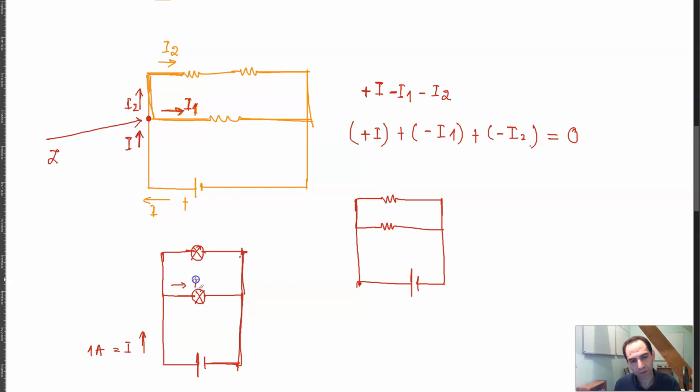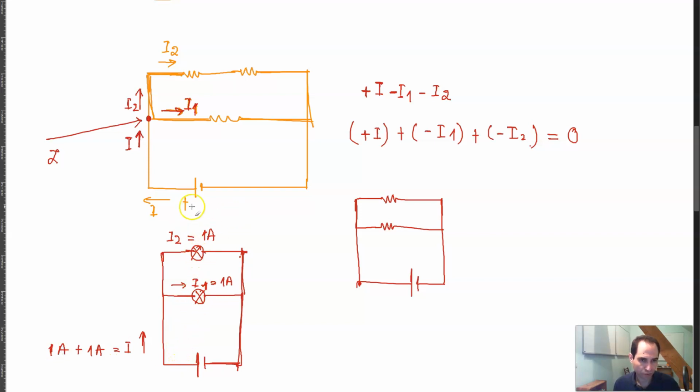So if I1 is 1 amp going through this branch, this lamp also needs 1 amp of current, which means that I2 is basically 1 amp. And so the 1 amp will be added to the total current of your circuit.